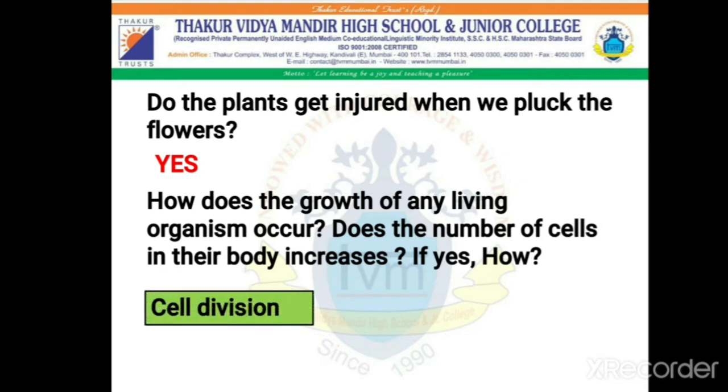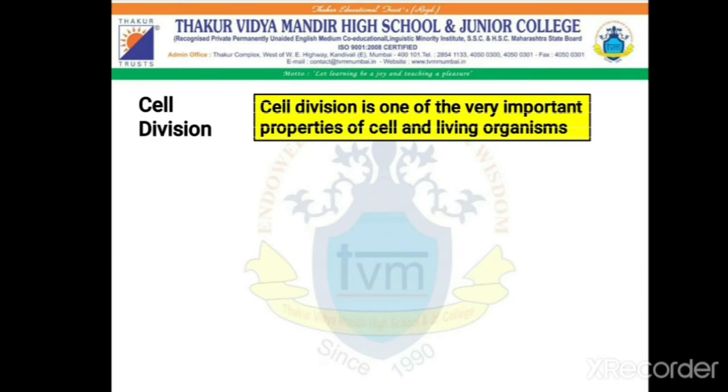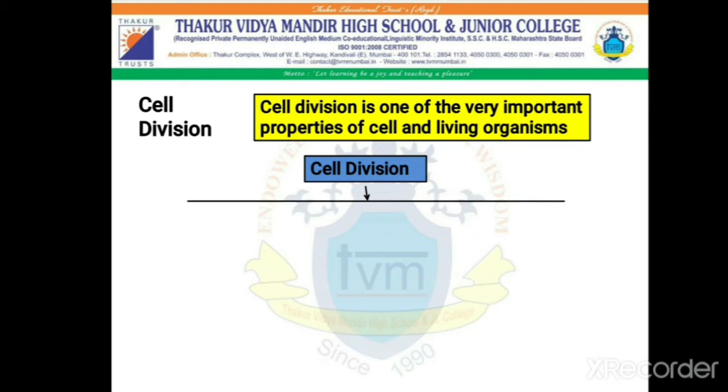Students, in this part, we are going to see what cell division is. Cell division is basically one of the very important properties of a cell and for a living organism. This cell division can be carried out in two ways.